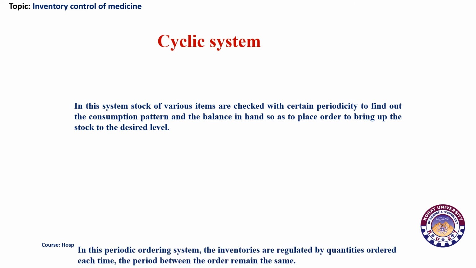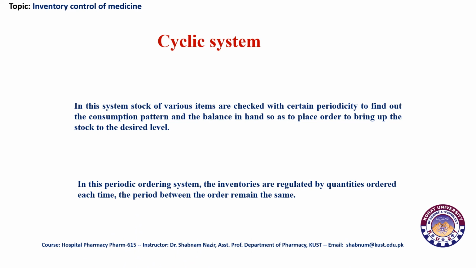So in this periodic ordering system, the inventories are regulated by quantities ordered each time. The period between the orders remains the same. For example, over 6 months, after every 1 month, the quantities of various items are checked, and if any quantity is decreasing, it will be reordered. Similarly, after 1 month again, and so on.